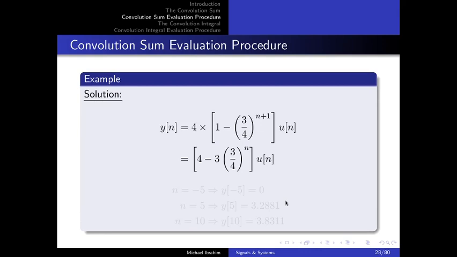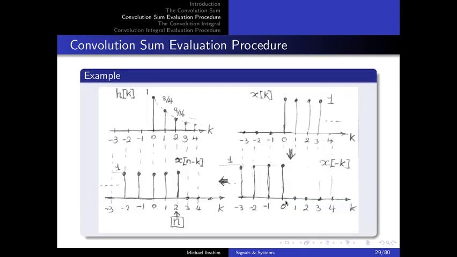And here we have the plot of h of k and x of k, and doing it graphically. This is h of k, this is x of k. First you start with x of k, then you mirror it, then you shift it such that this sample starts at n instead of starting at 0.